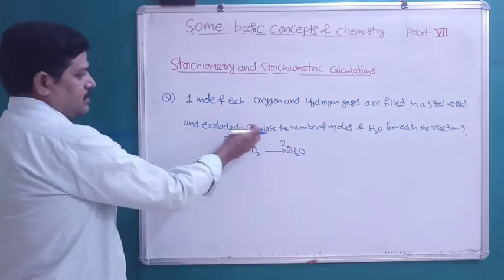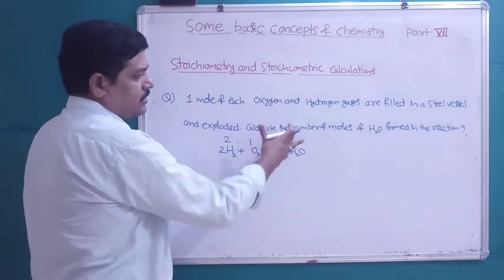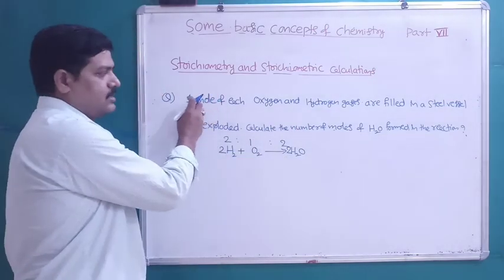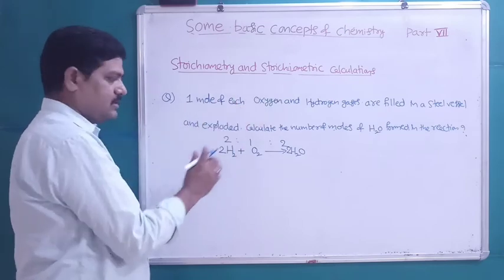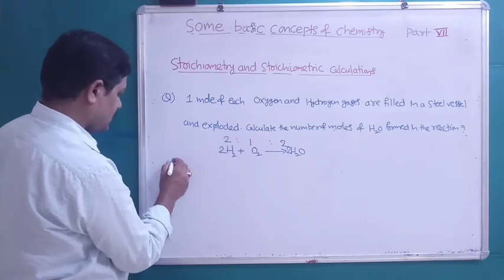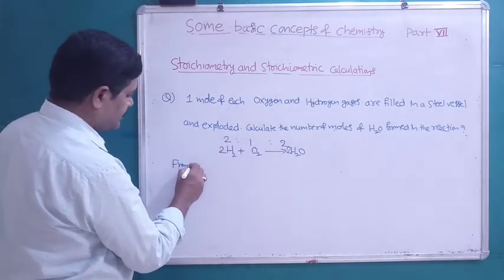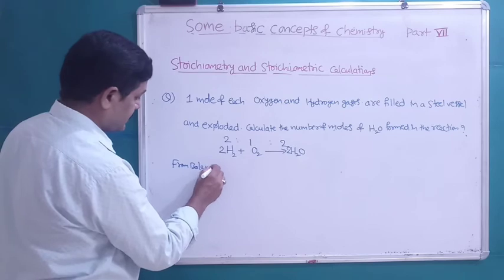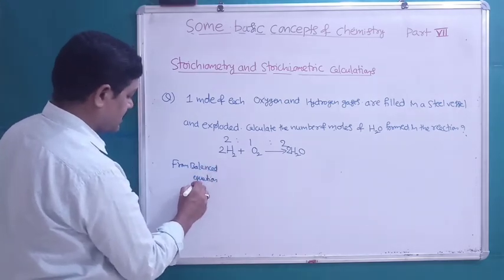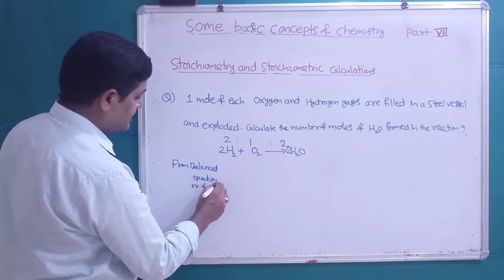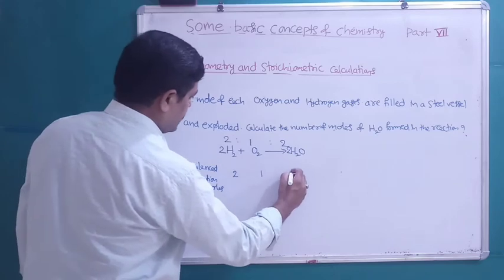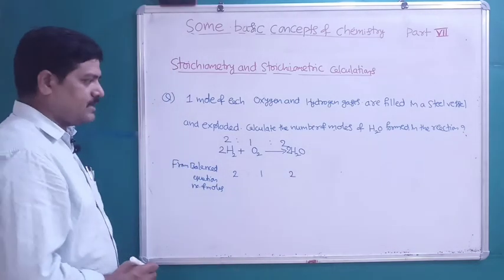So here we need to calculate the amount of water in number of moles, and the given data is 1 mole of each is present. First let us write from the balanced equation. From the balanced equation, the number of moles: hydrogen is 2, oxygen 1, water formed is 2, right?